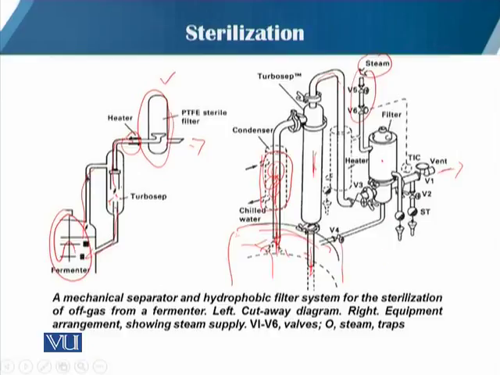So this whole system is a mechanical separator and hydrophobic filter system for sterilization of the off gas from the fermenter. You can see how this exhaust air needs to be sterilized, and what the possible mechanism is, using the pre-filter and pre-treatment before treating the exhaust gas for sterilization.